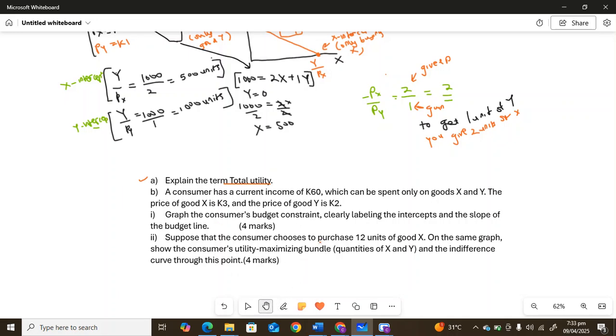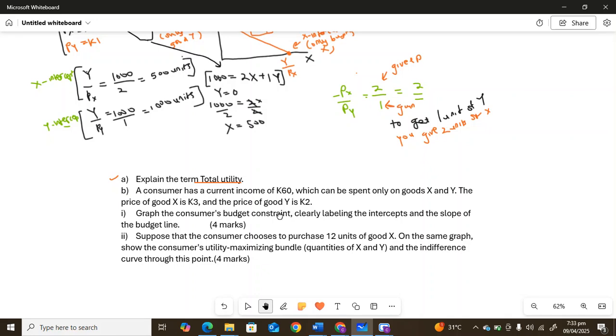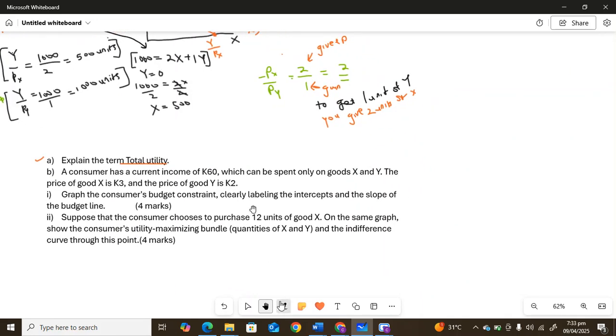From this information, the first thing we need to do is form the budget constraint equation. Our income is 60 kwacha. Let me just write first.